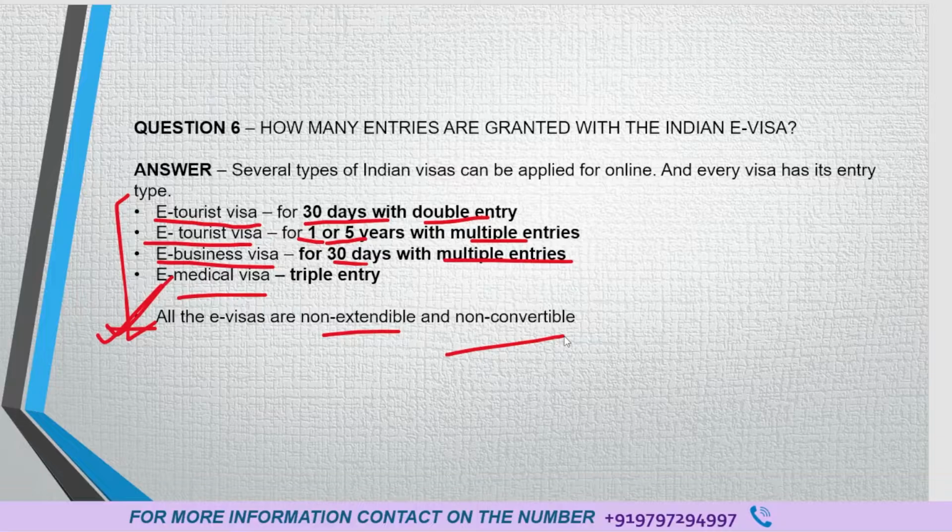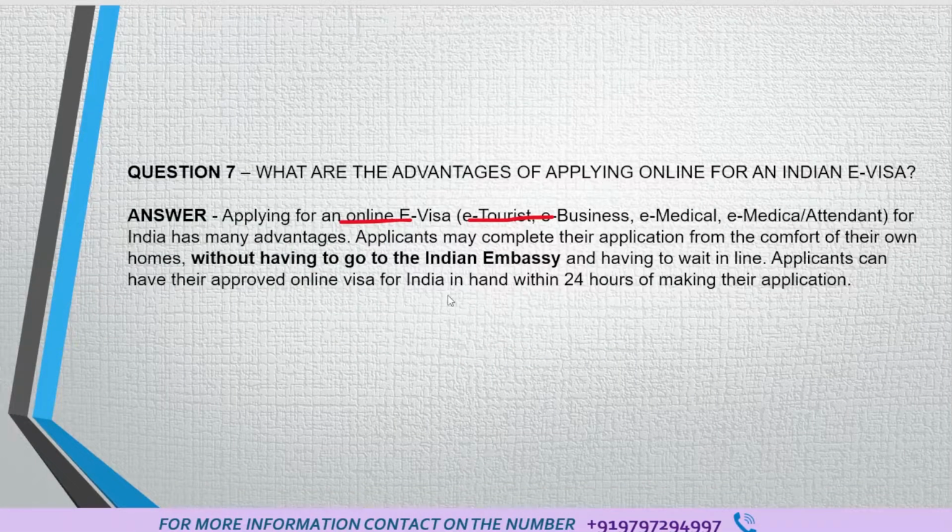Let us take the next question. What are the advantages of applying online for an Indian e-visa? Earlier we used to apply by going to an embassy, then getting all the paperwork done manually. But what are the advantages of online application?